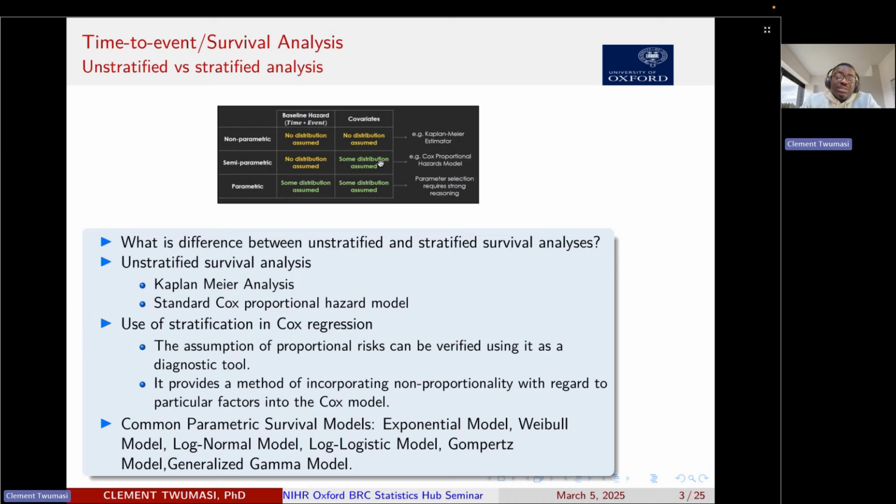It is not always the case that that assumption is met, and there are ways to statistically explore that. Now, for the parametric models, these are situations where you make some strong and specific parametric assumptions about your outcome. For instance, you impose a particular parametric probability distribution on the outcome, or you have enough evidence to suggest that your time to event outcome will follow a certain probability distribution.